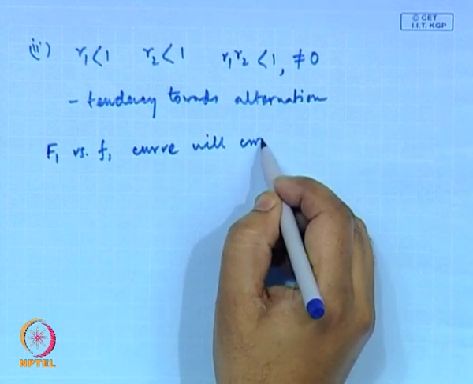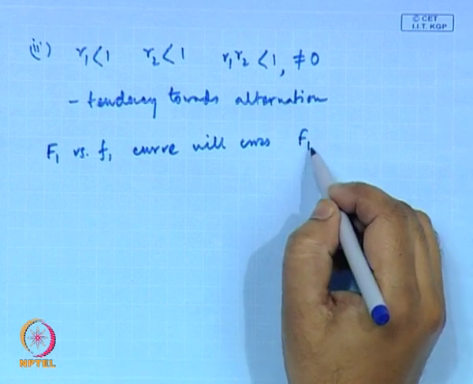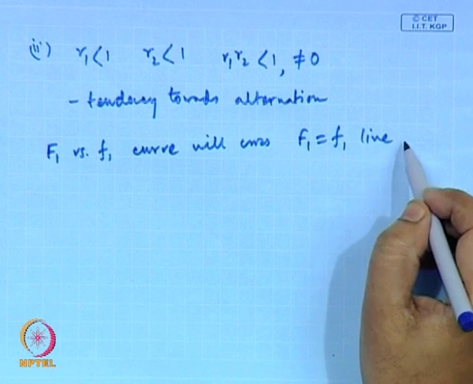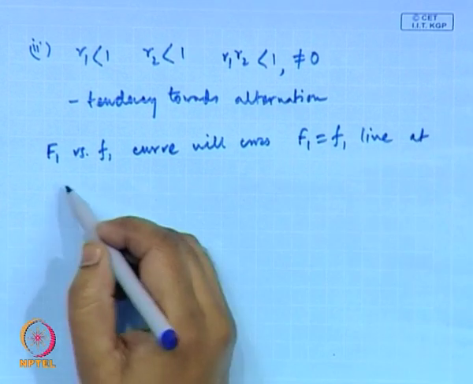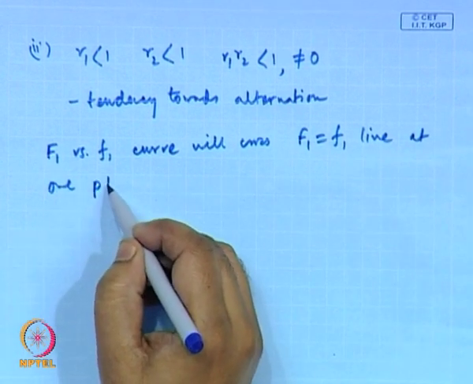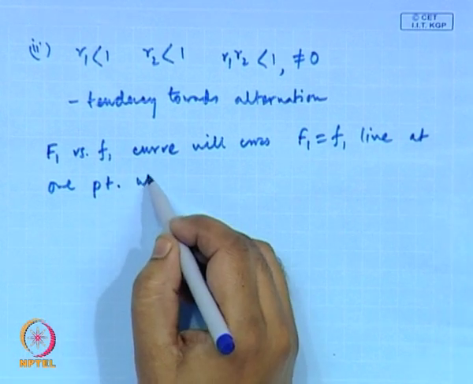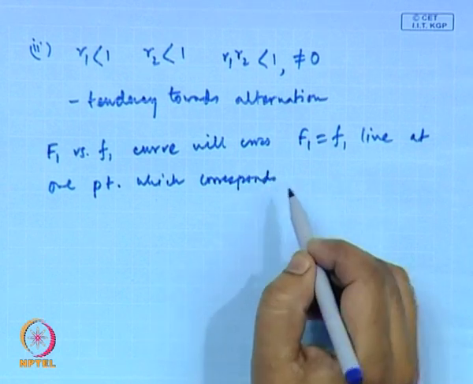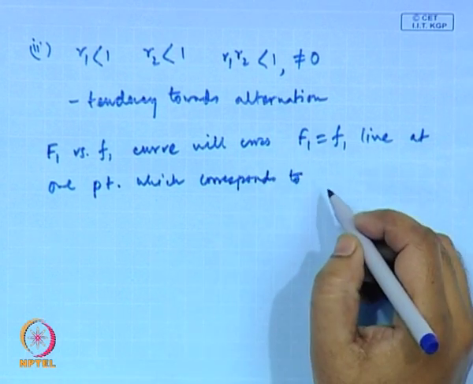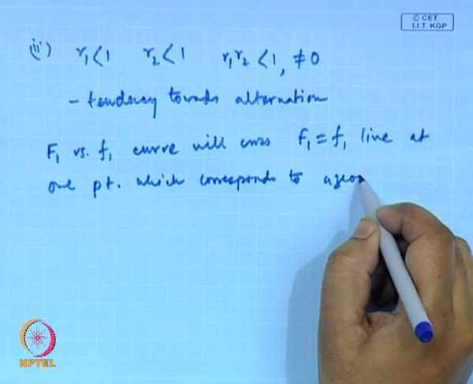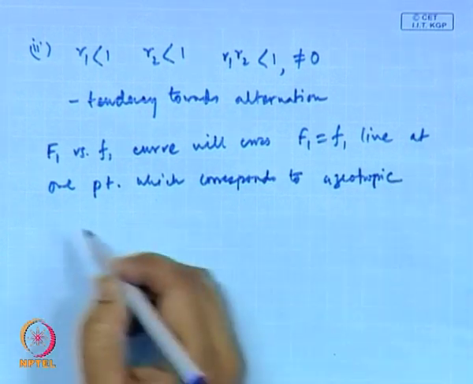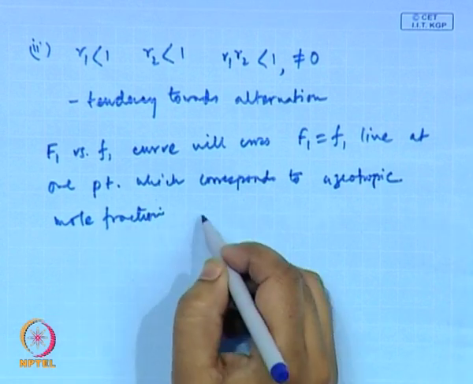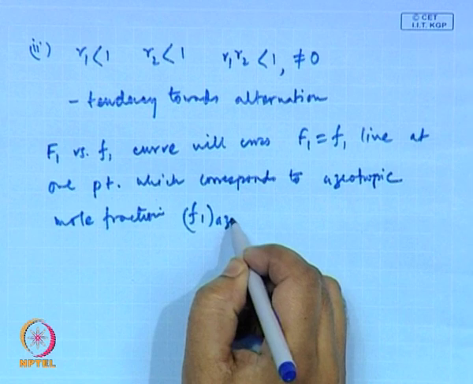and the F 1 versus f 1 curve will cross the F 1 equals f 1 curve line at one point, which corresponds to the azeotropic mole fraction, F 1 azo.